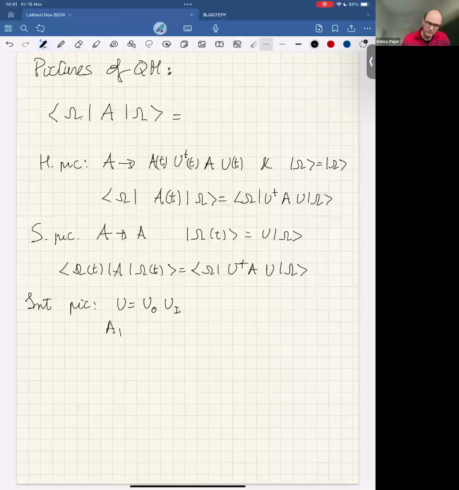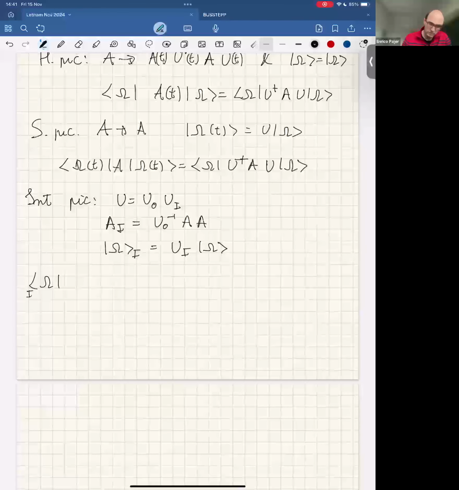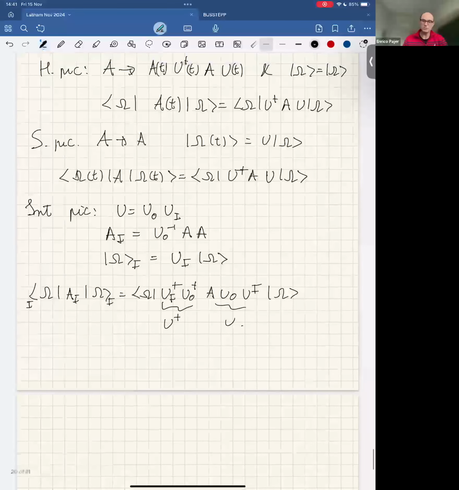And now it's going to define some A interaction which evolves only with the free theory, and some omega interaction that only evolves with the interaction theory. But at the end, even in the interaction picture, we're computing the same thing as in the other two cases. We're computing omega, U_I, U_0 dagger, A, U_0, U_I, omega. So it's the same as all the others.